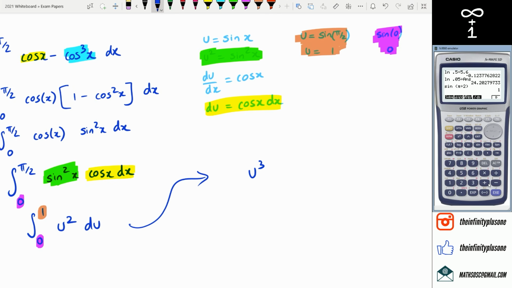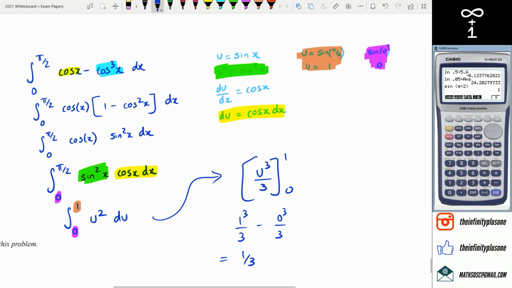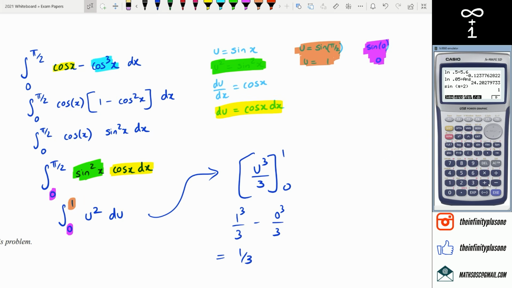When I integrate it, I'm going to get u cubed over 3, between 1 and 0. Then I've got 1 to the power of 3 over 3 minus 0 to the power of 3 over 3, which equals 1/3.